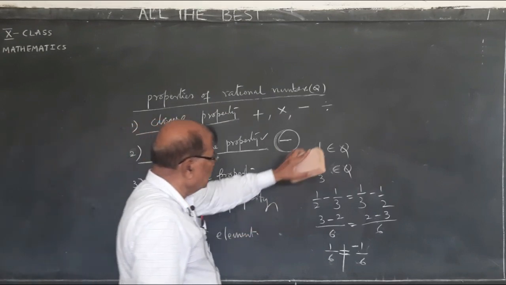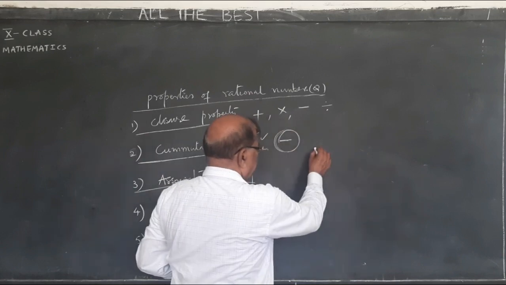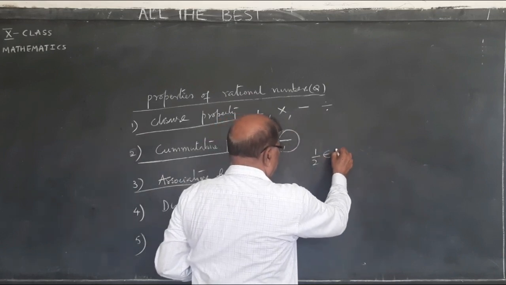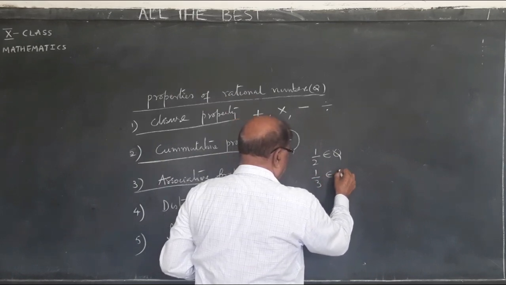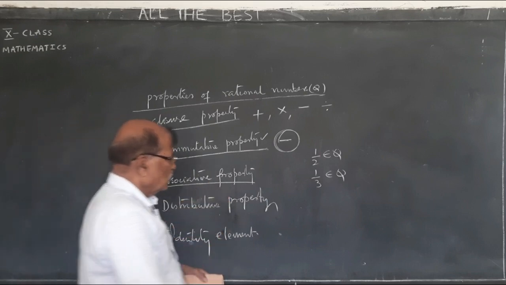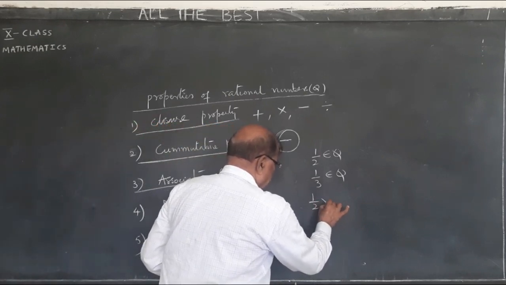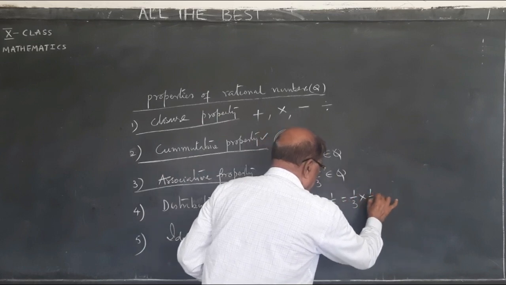Let us see multiplication. 1/2 belongs to Q and 1/3 belongs to Q. So 1/2 into 1/3 is equal to 1/3 into 1/2.